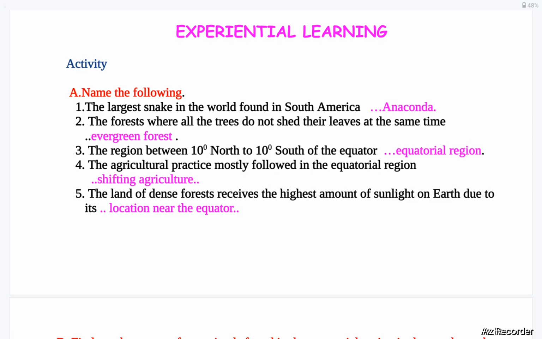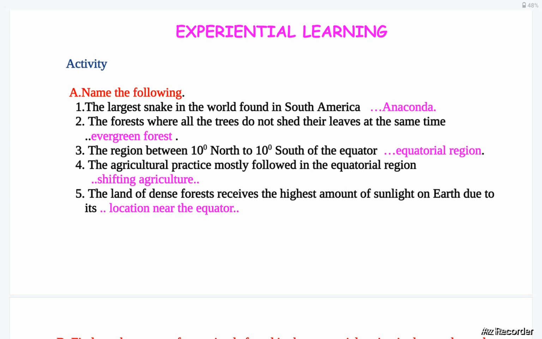The first question is, the largest snake in the world found in South America. The answer is anaconda. So second question is, the forest where all the trees do not shed their leaves at the same time. The answer is evergreen forest. Third question is, the region between 10 degree north to 10 degree south of the equator. So answer is equatorial region.